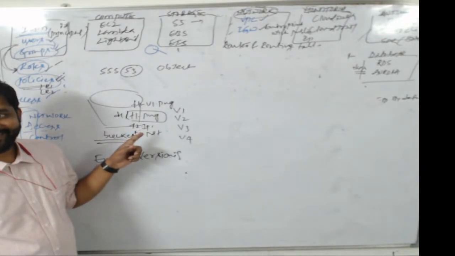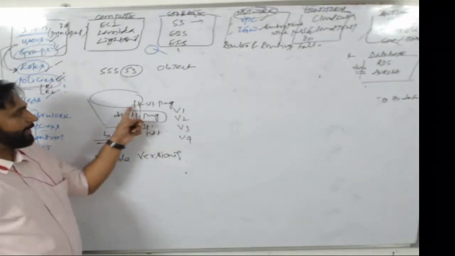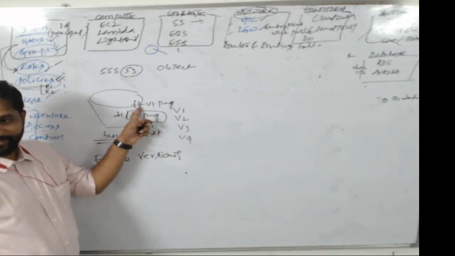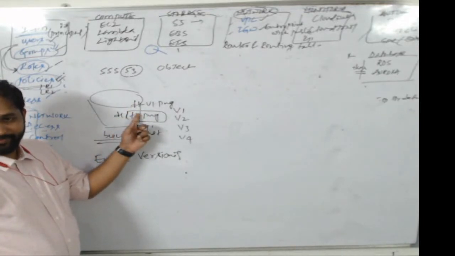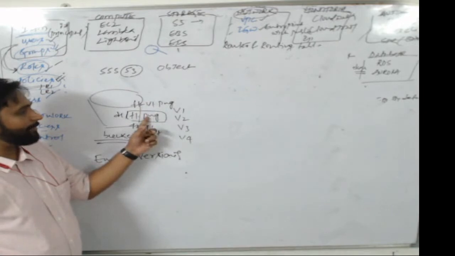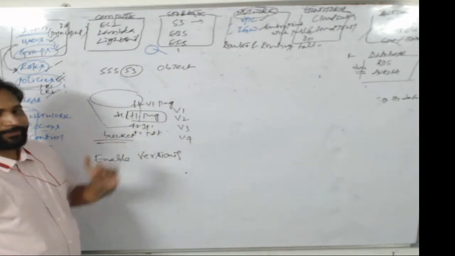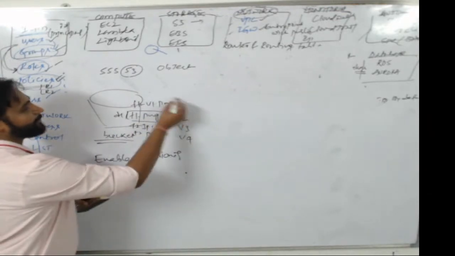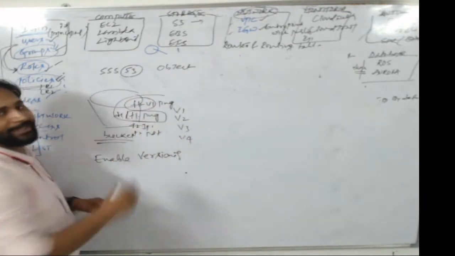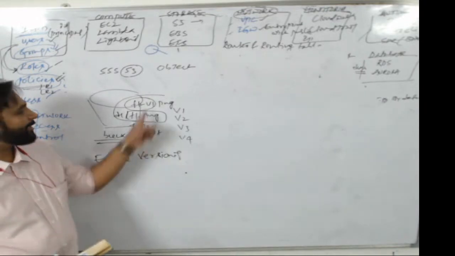Different files. I said the name is f1-v1. But from an operating system angle, are these two different versions, or two of the same file with different versions, or two different files? They are two different files. Just because we change the name, the operating system does not know that the two are the same.